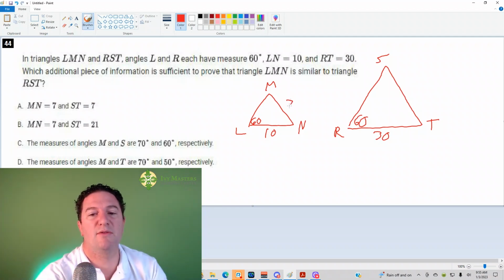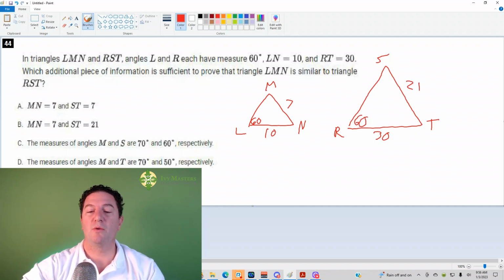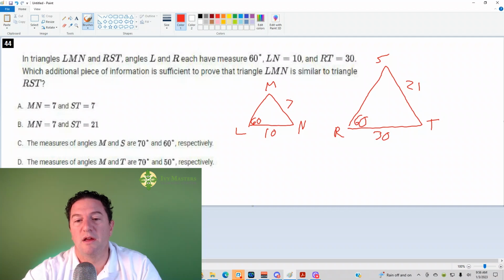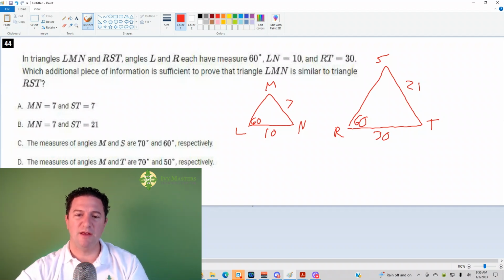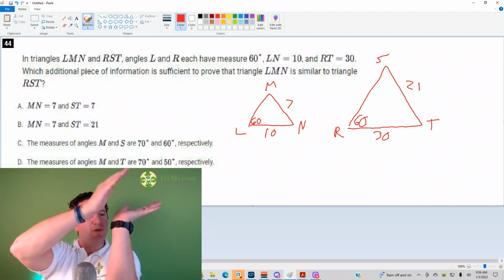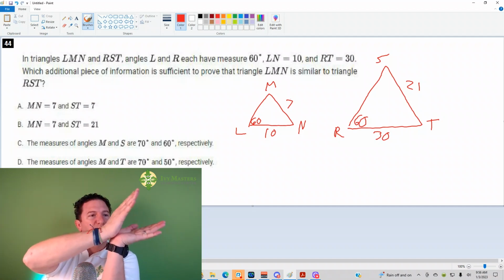MN is 7 and ST is 21. Hey, what do you know? We've got the scale factor there. If you multiply 10 by 3, you get 30. If you multiply 7 by 3, you get 21. But we're missing one side there. And in this triangle, if I've got a side of 10 and a side of 7, that angle could open big or small.